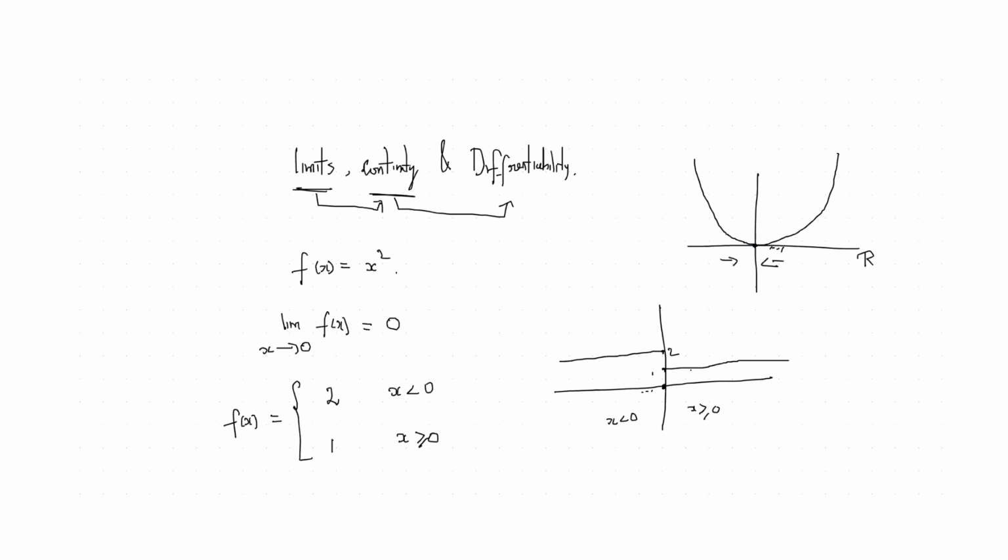On the left hand side, the function value goes to 2. On the right hand side, as x goes to 0, it goes to 1. So both are not equal. If these two are equal, then I say the limit exists. Here it means the limit does not exist.